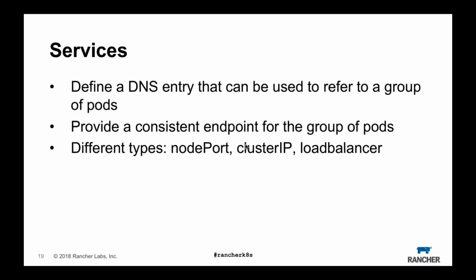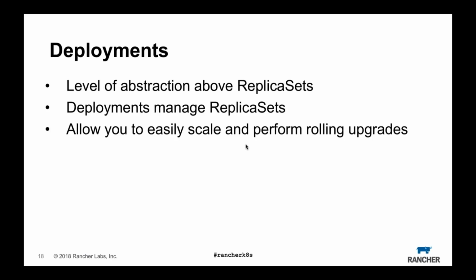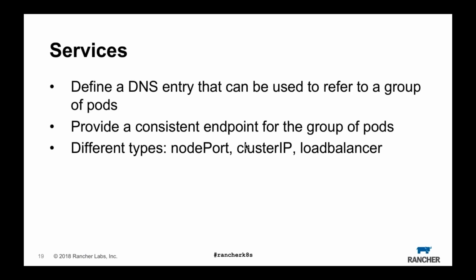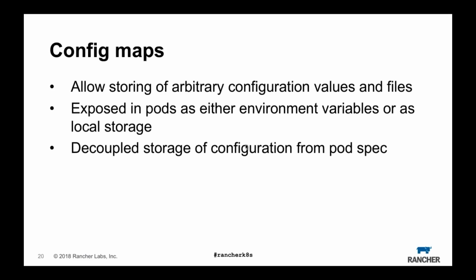And basically, if you have deployed a deployment, and then you want to set up network level access, you need to create a service as well. And the next thing is config maps. So previously, on Rancher 1.6 and in Docker generally, the way people configure their images or their containers is usually environment variables, which is not a very good way to do it because you couple the configuration with the properties of your container.